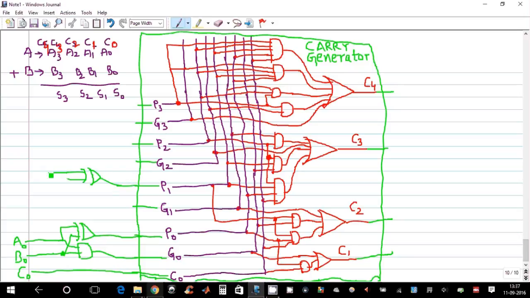The XOR of A1 and B1 is nothing but our P1, and their ANDing is our G1.